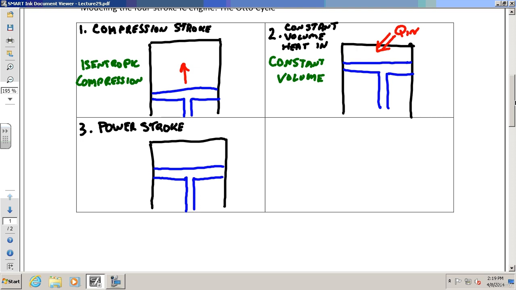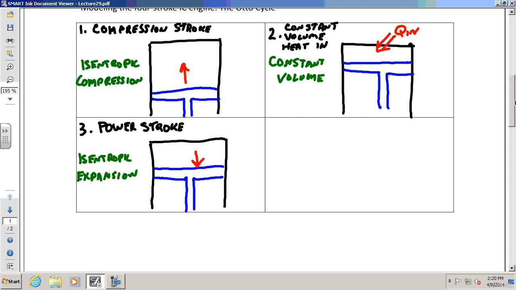Once you've got that heat in, you've got that explosion, then the piston goes down, and you have expansion inside the cylinder, okay? Isentropic expansion, I'll write it down here. This is the only stroke in a four-stroke engine that gives you power, okay?